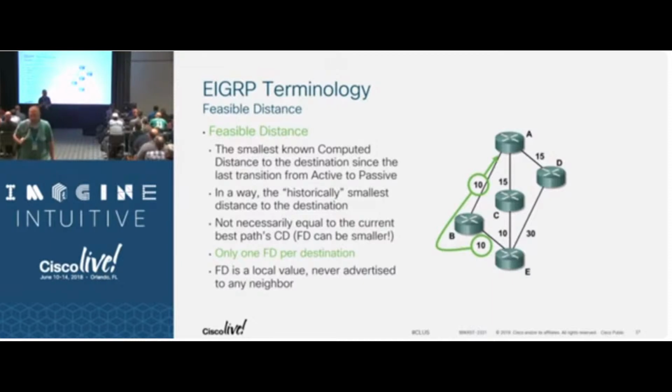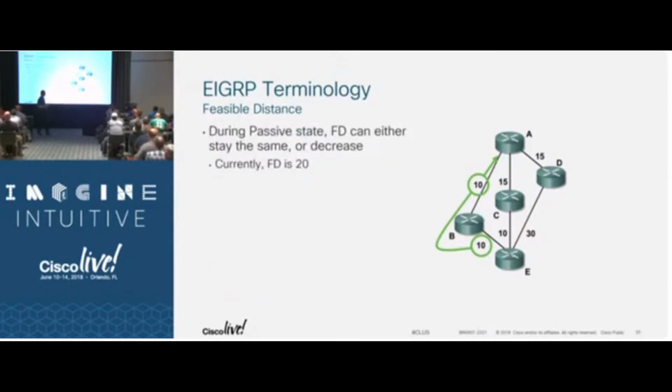It's not necessarily the momentary best distance, it can also be lower. It's essentially a historical minimum. We need it to act like this, but it also means that its behavior is dependent on time and on the way the network evolved.